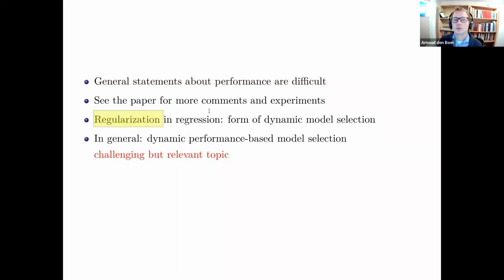Now, maybe it's good to know regularization is also one of the model selection methods that happens a lot. You have regression, you have many parameters, and you just assume, for example, that many of them are zero. That's one kind of regularization. There are other kinds. And as you get more data, you allow more variables to be non-zero.